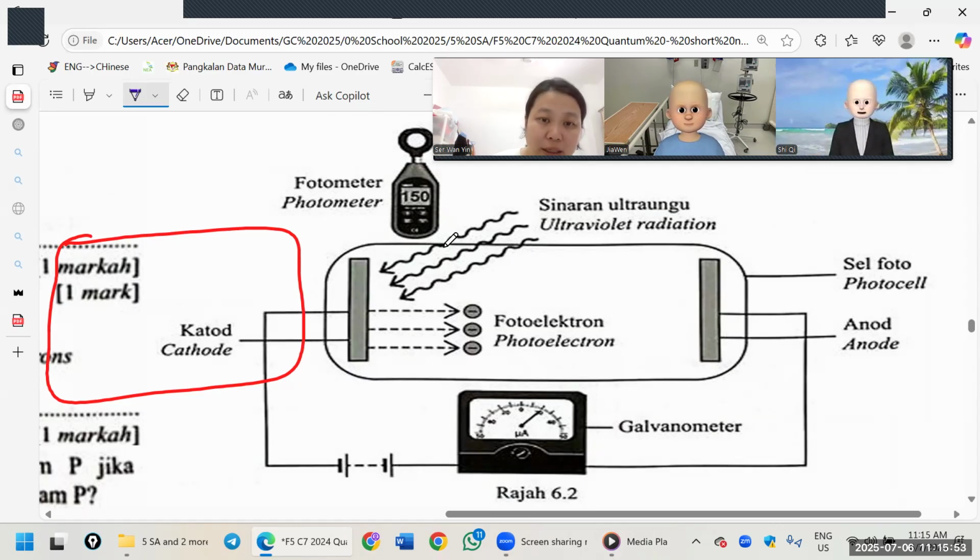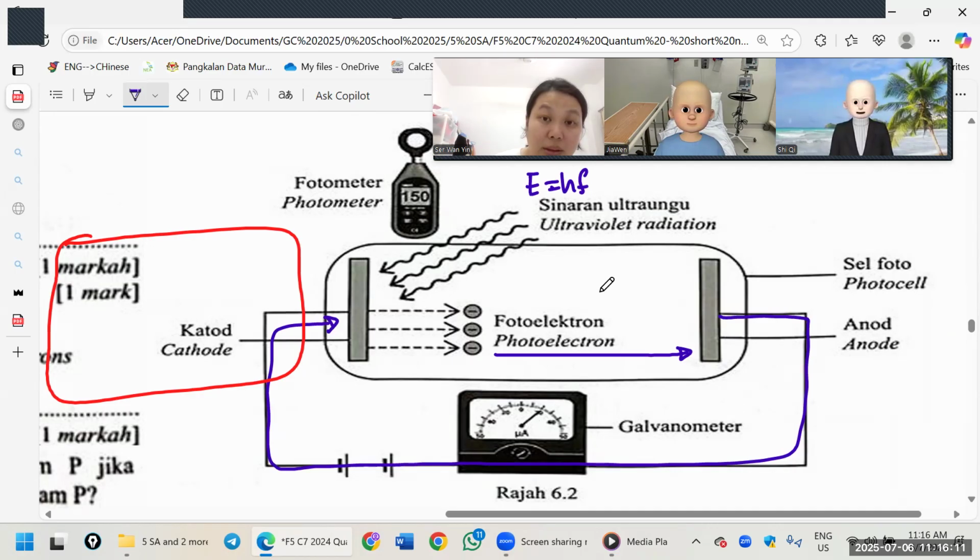We give light, E equals hf. Then photoelectrons will be emitted. When photoelectrons are emitted, they go straight to the anode and flow across the circuit. So you will see the galvanometer deflect.